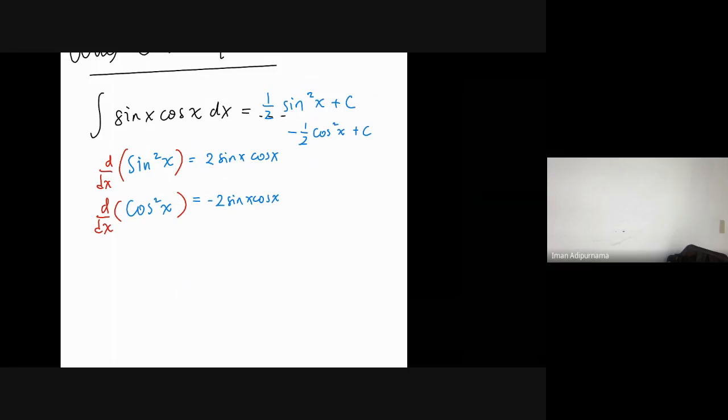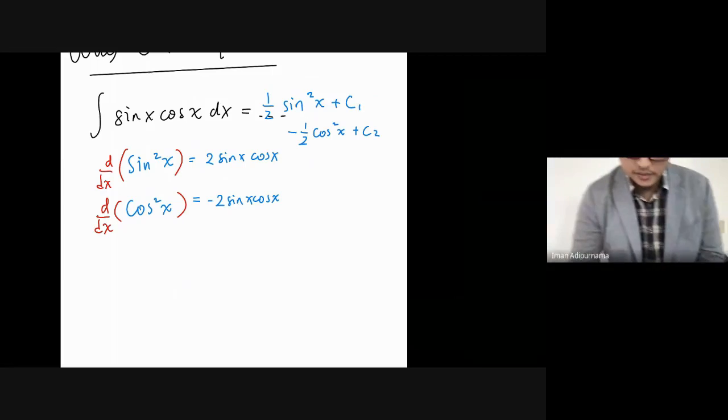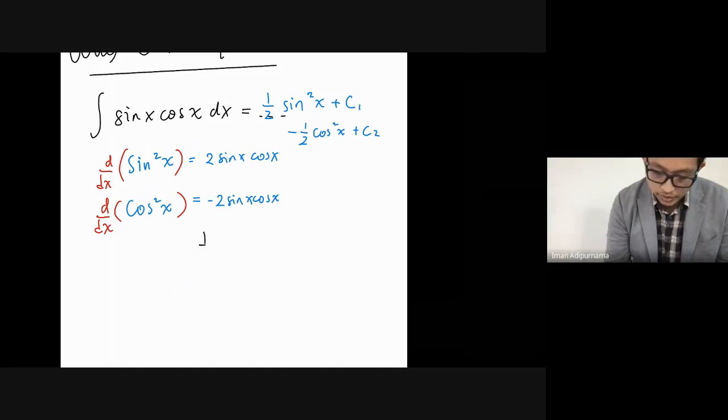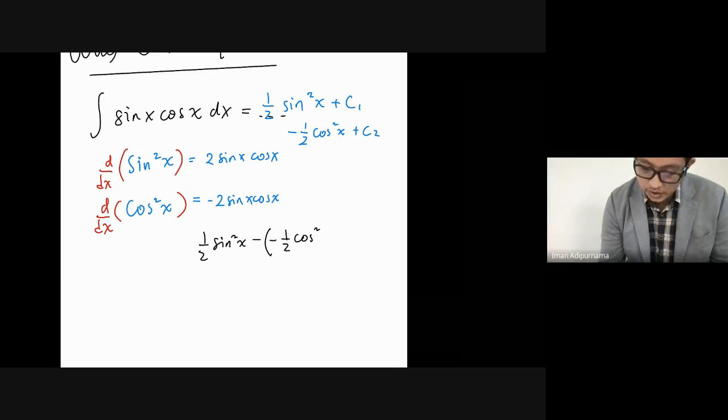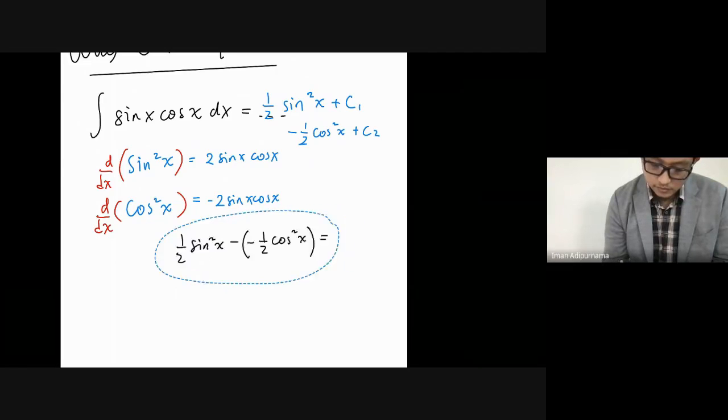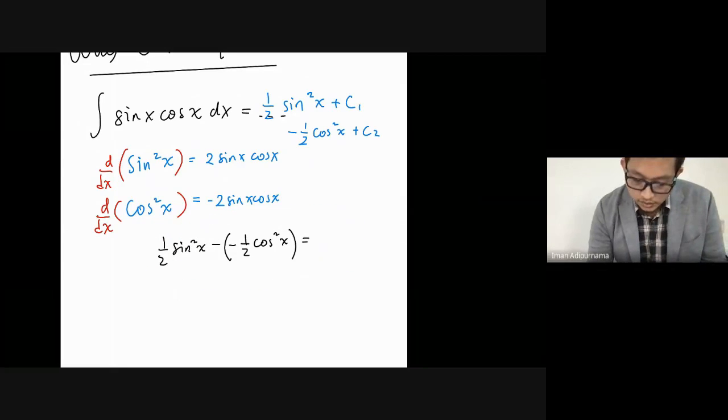This is why c is important. We have two answers, right? Let's say this is c1 and c2, with different c, and let's subtract them.